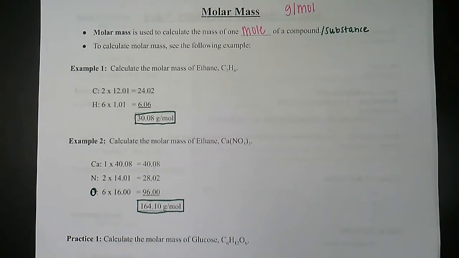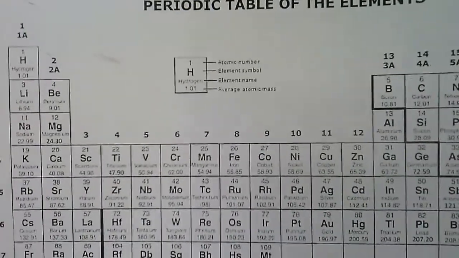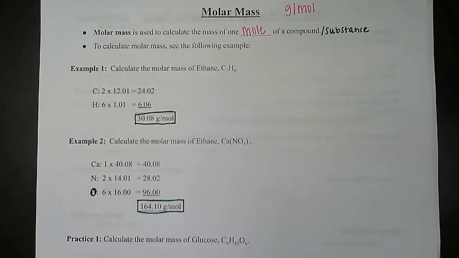You have these in front of you, with all of these handy dandy notes and everything. But the main thing is this periodic table is like liquid gold. You don't want to lose it, because you will need it to help you calculate everything.